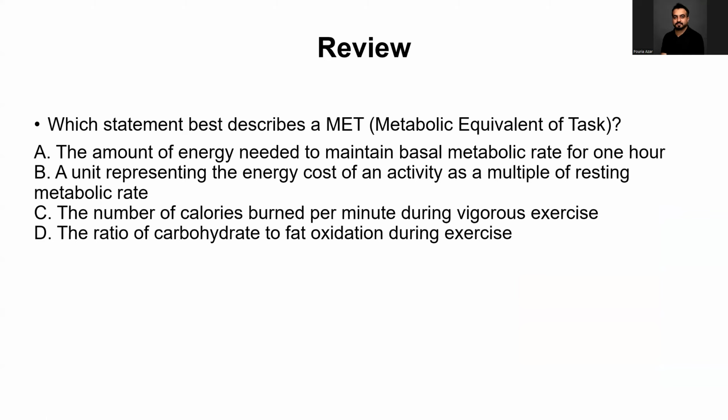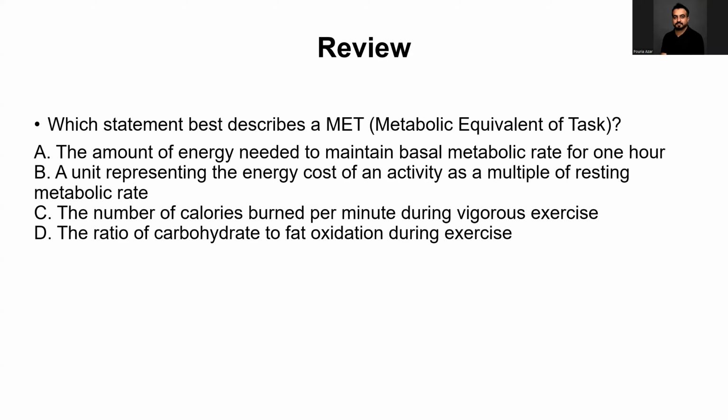Which statement best describes a metabolic equivalent? A, the amount of energy needed to maintain basal metabolic rate for 1 hour. B, a unit representing the energy cost of an activity as a multiple of resting metabolic rate. C, the number of calories burned per minute during vigorous exercise.